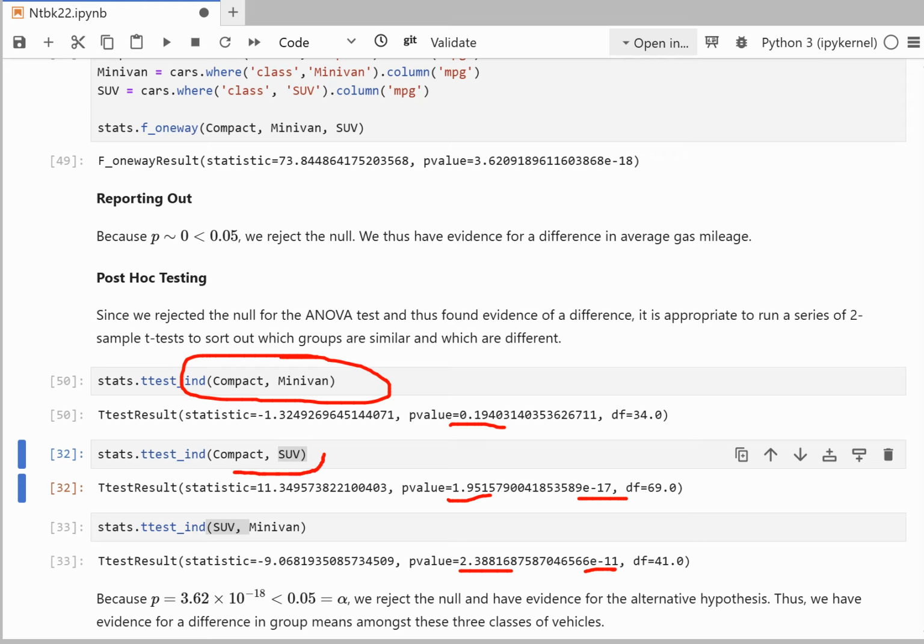So I know there's a difference between the SUV average gas mileage and compact, and the SUV average gas mileage and the minivan. So the post hoc testing has kind of confirmed what we thought might be true, that the SUV had a different average gas mileage than the other two did. All right.